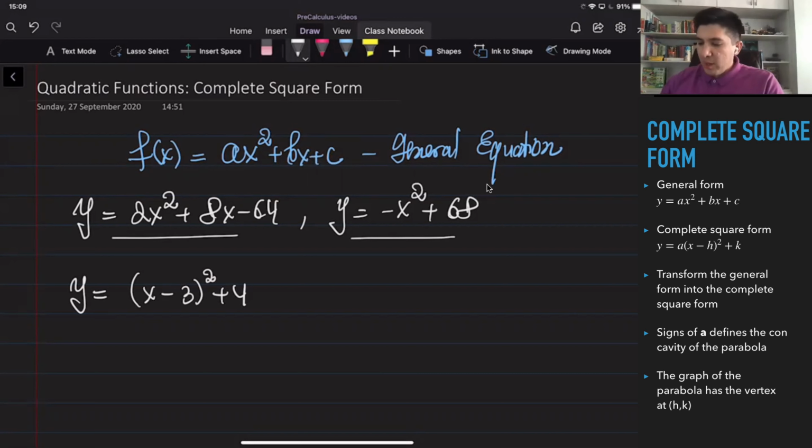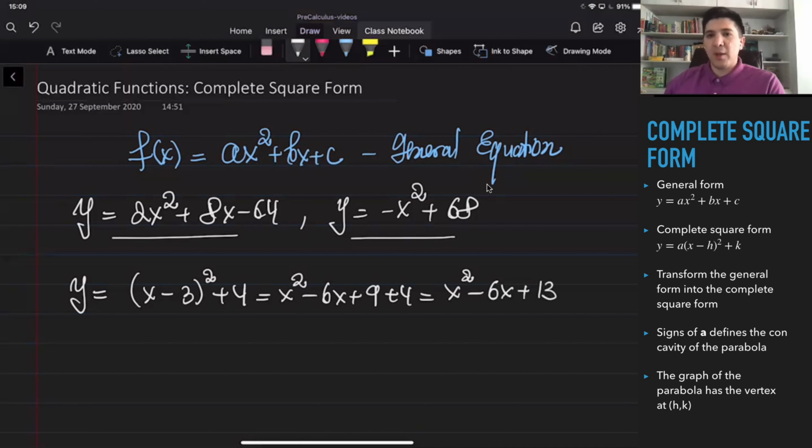So it's going to be x squared minus 6x plus 9 plus 4, which is x squared minus 6x plus 13. So this is the general form of the quadratic function.